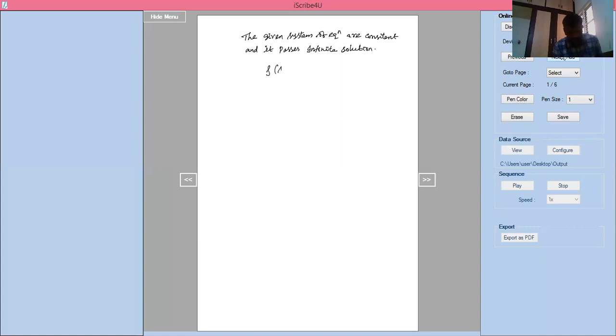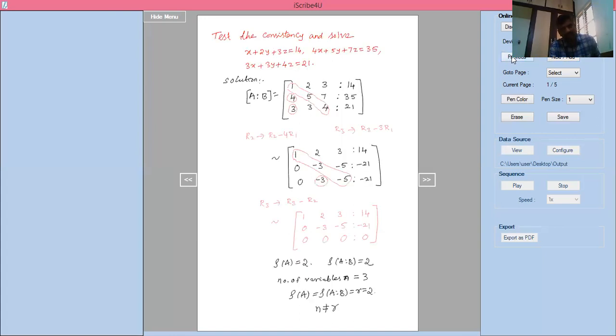Rank of A equal to rank of [A|B] equal to R, which is not equal to n. Now, rank of A is 2. Rank of [A|B] is also 2. Here only I told that one. And which is not equal to n.